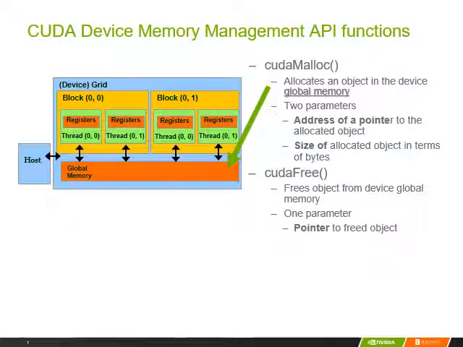We can now introduce the first two CUDA memory management API functions. The first function is cudaMalloc, which is similar to the C malloc function, and it allocates an object in the device global memory. It's part of the host code, and this function takes two parameters. One is the address of a pointer to the allocated object, and the second parameter is the size of the allocated object in terms of bytes.